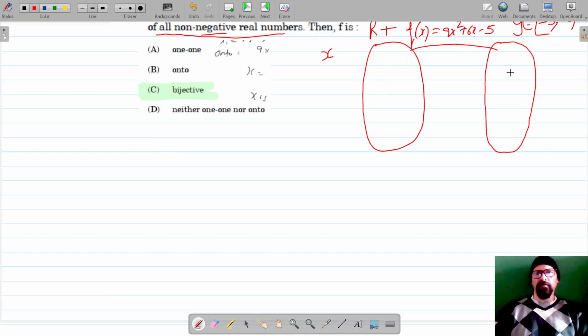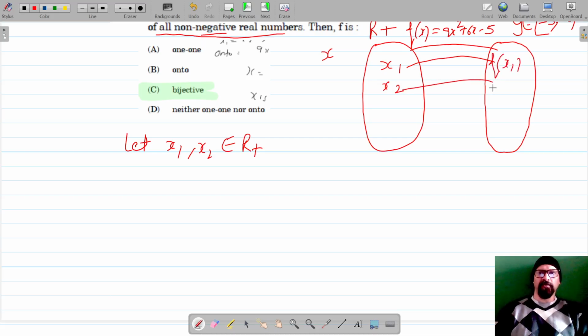So to check one-one or onto, we will consider two elements that belong to the domain, x1 and x2 belonging to the set of all non-negative real numbers, and let their respective images be f(x1) and f(x2).